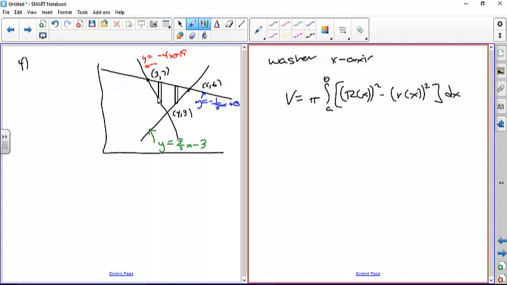And as you see, with these two rectangles, I've got to have two limits, from 3 to 4 and from 4 to 6, because the upper curve is always the same, but the bottom curve changes.